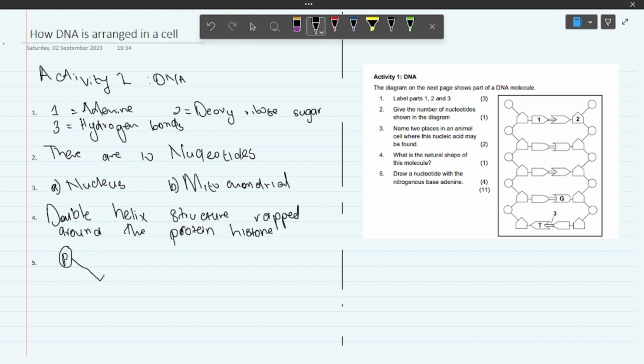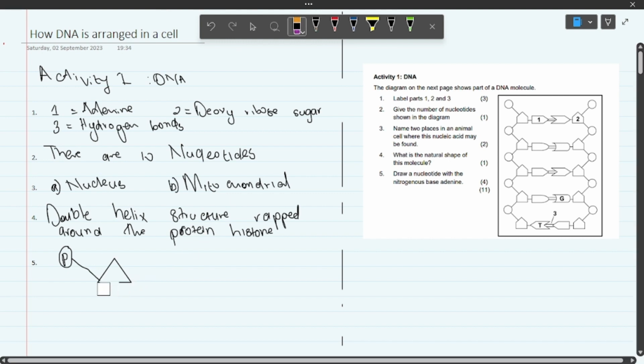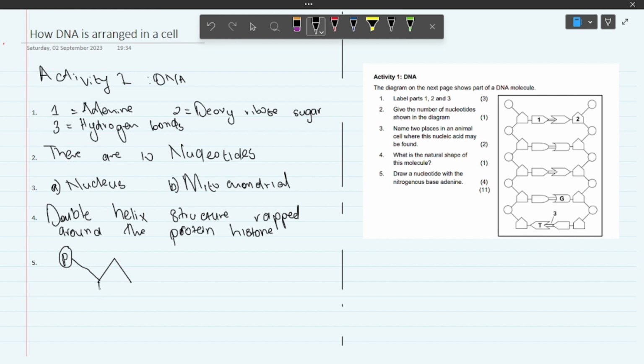So this is the deoxyribose sugar. So 9. These dotted lines represent the hydrogen bonds.